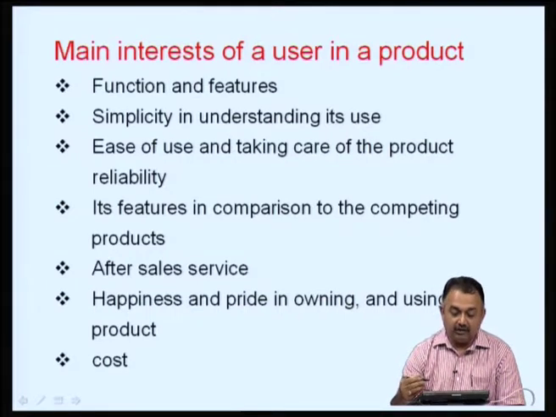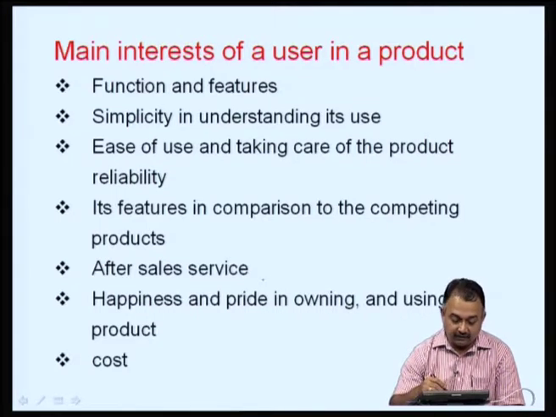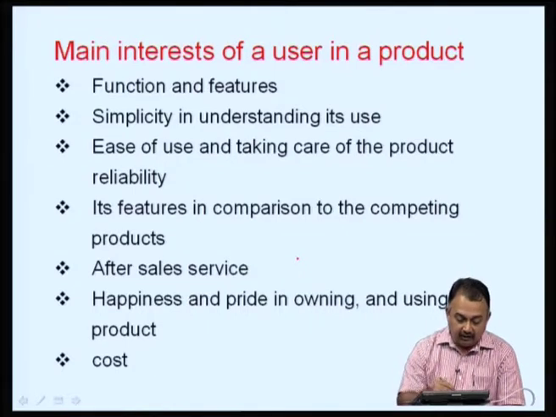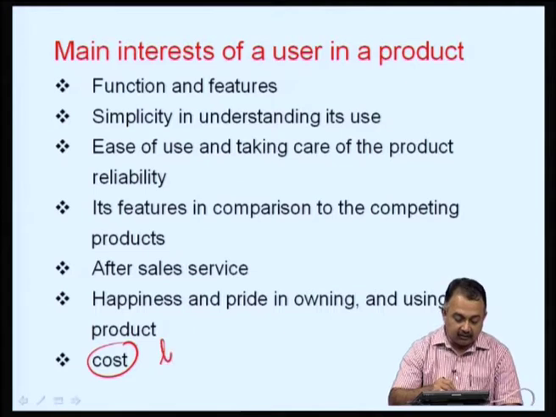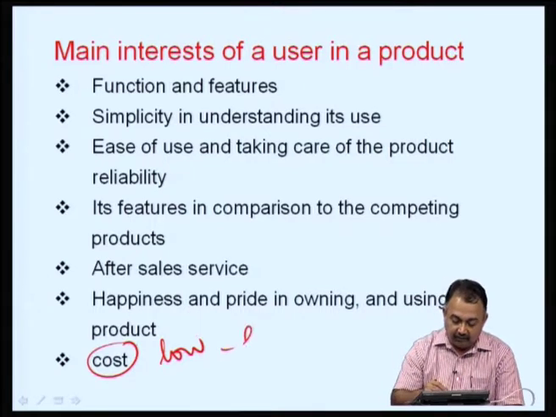So, you have to add new features that are much better compared to the existing product of another company. After sales service, happiness and pride in owning and using the product, and above all the cost. Everybody wants low cost. So, as an engineer, can you build a low cost product with high performance?